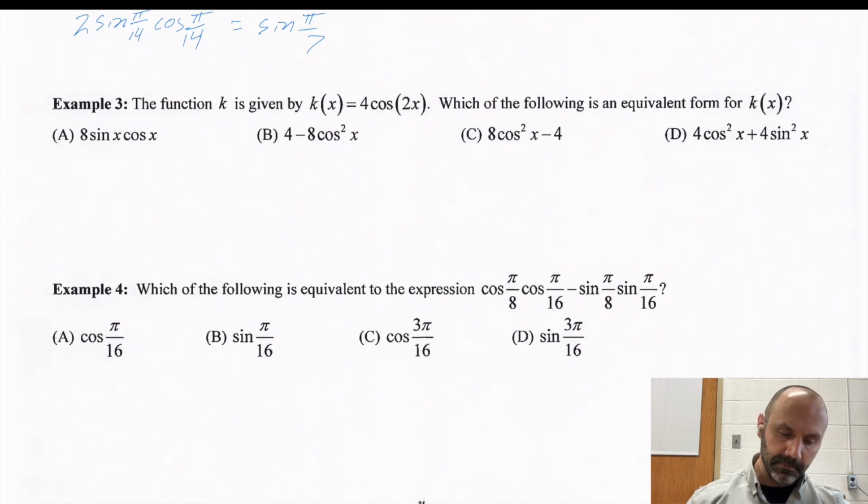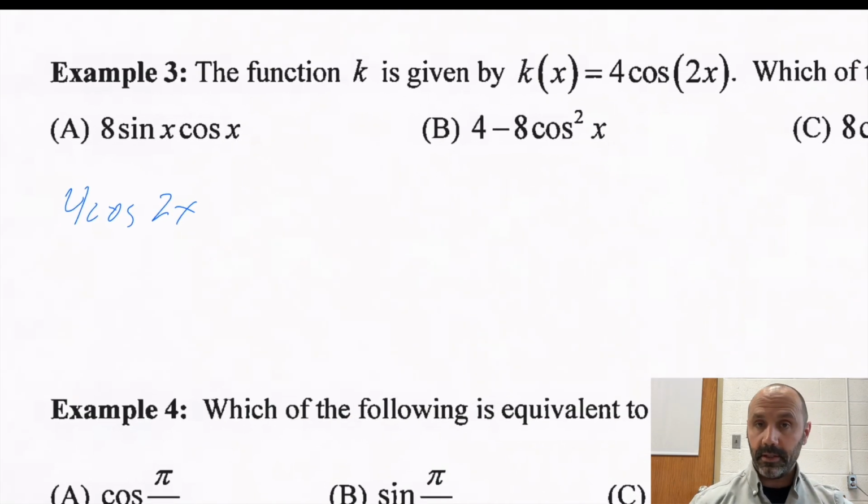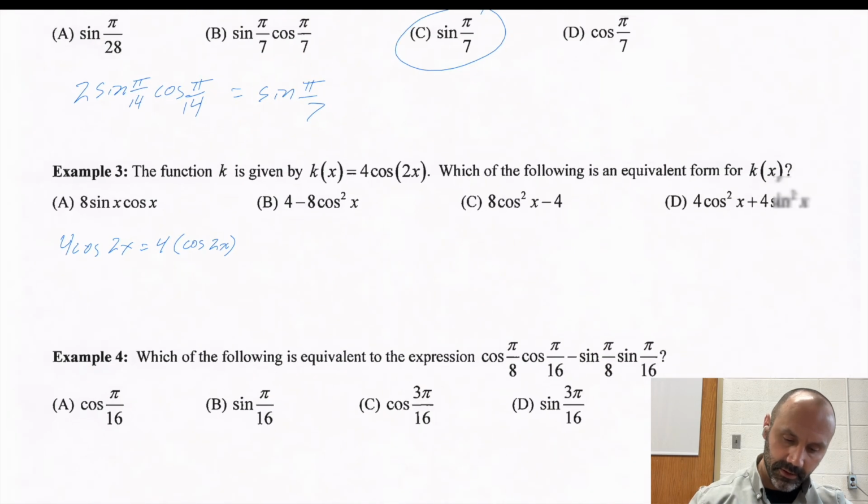Okay, for example 3, we have this function, and it's 4 cosine of 2x. So it looks like I'm going to be using a double angle formula, but I'm going to isolate the 4. I'm going to bring the 4 out front because I want to look just at the cosine of 2x. What are the different things this could be equal to?